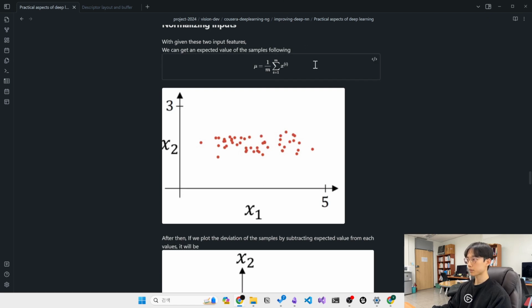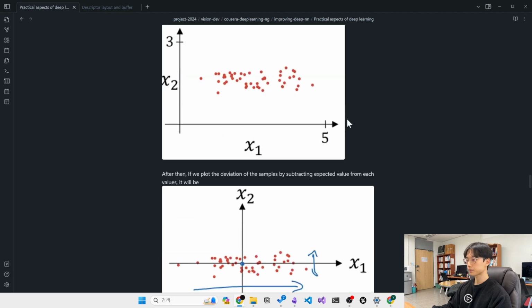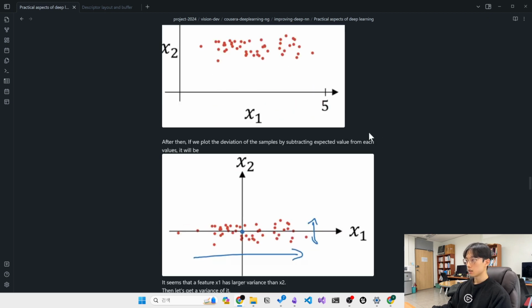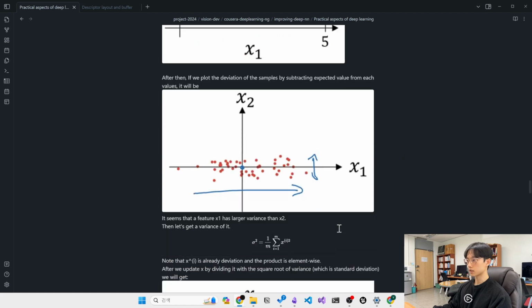It's so trivial that it is familiar to someone who already knows probability theory. And we can plot the deviation by subtracting the mean value from each of the sample values, and we can plot the deviation here following this axis.